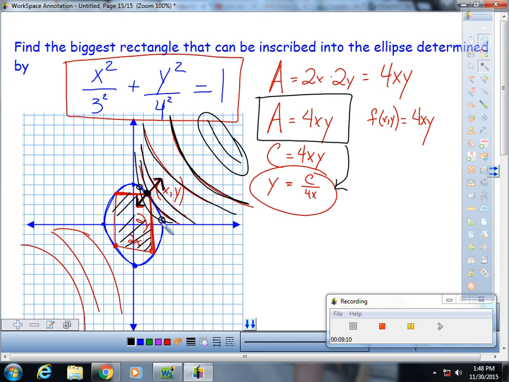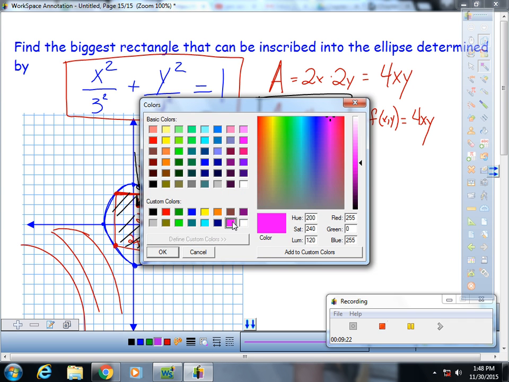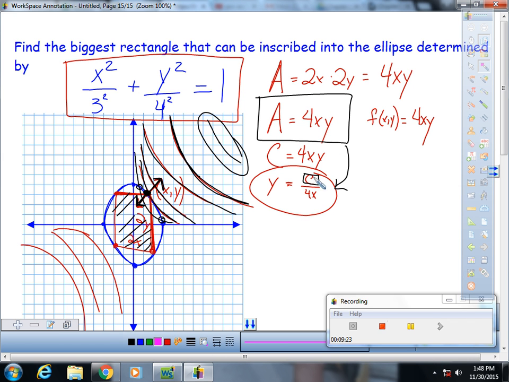Okay, so there's only one value for c where if we choose that value, it gives us this tangent level curve. And that value for c is going to be our Lagrange multiplier. Okay?